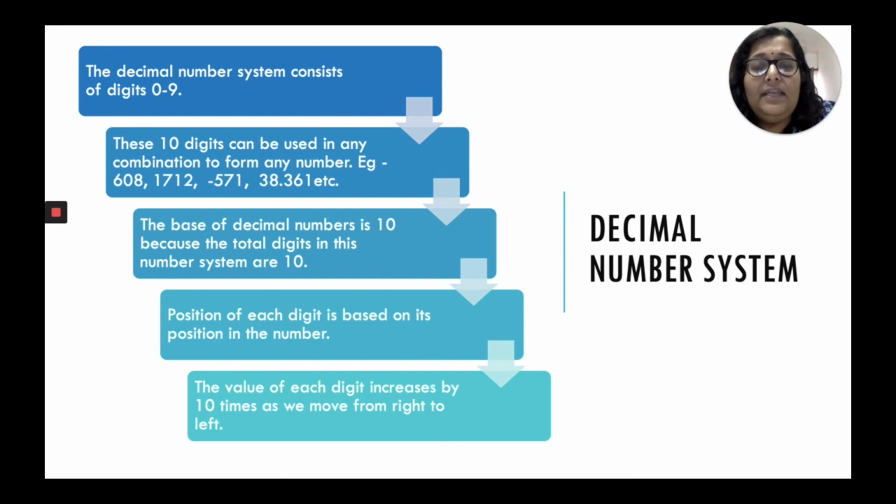The value of each digit increases by 10 times as we move from right to left. It is correct. Comparing a ones digit to a tens digit, you have to multiply it by 10 to get the tens digit. Again, you have to multiply by another 10 to get the hundreds digit. Shall we move on to the next slide?